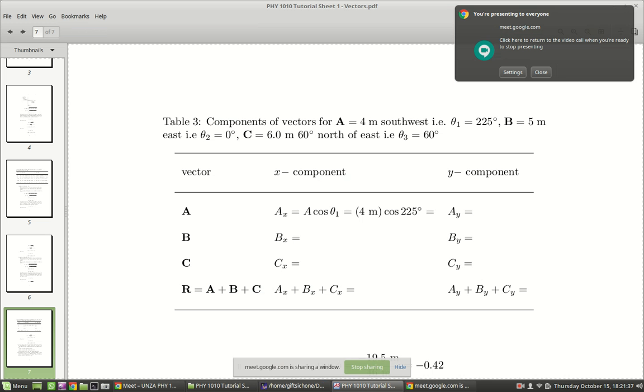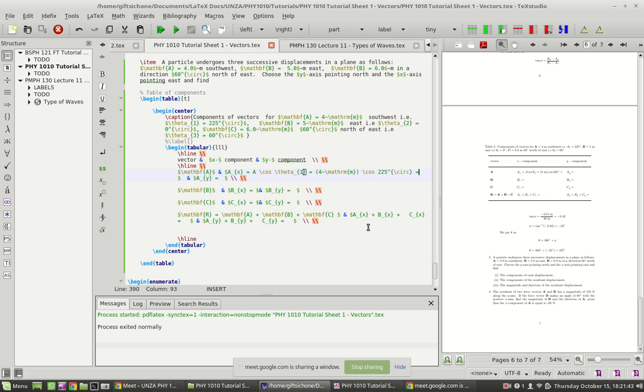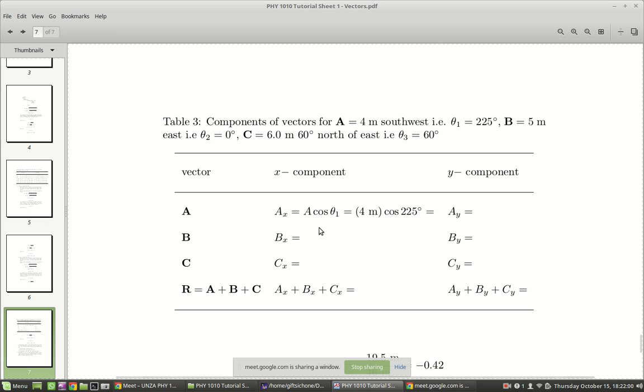And how much does that give us? 4 meters times cos 225. How much do we get for this?